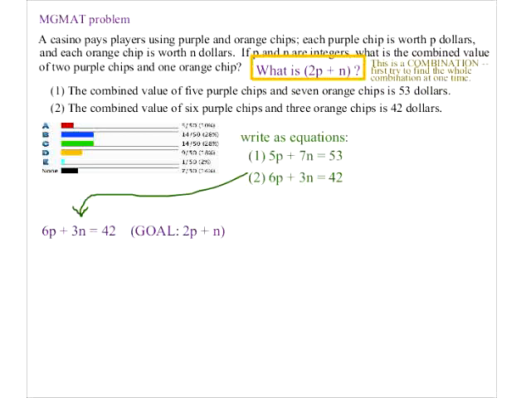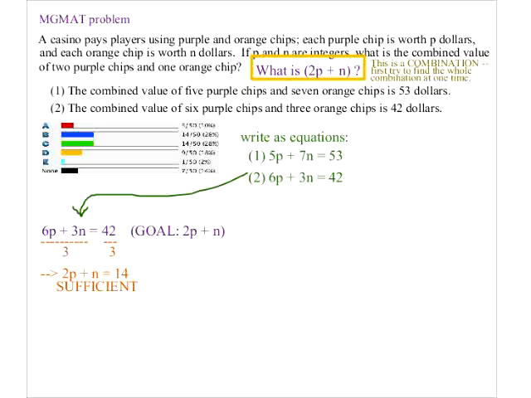If you divide both sides by 3, or you can factor out 3. Victoria is doing that. A couple of other people are doing that. Same sort of deal. If you do that, then you wind up with 2p plus n is 14. This is sufficient. Notice you don't even have to calculate this number. You could just say 2p plus n is some hard value because the number itself is irrelevant. So there's a lesson to be learned here.